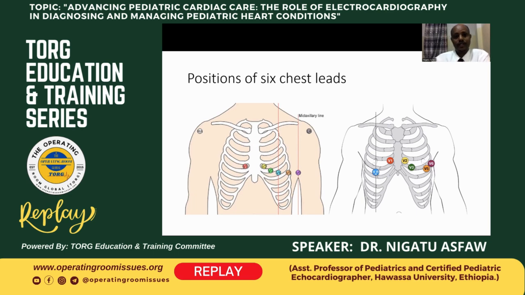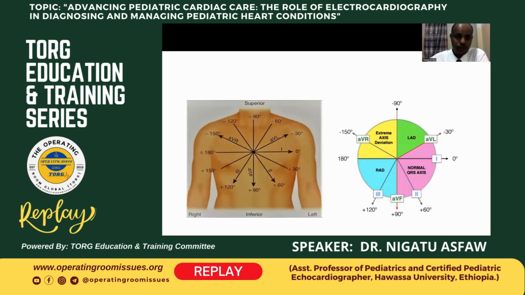So these chest leads or precordial leads will give the chest view, and they record the posterior-anterior electrical activity of the heart. So considering a 360 degree full circle, these are the directions in which the limb leads detect the electrical activity of the heart.